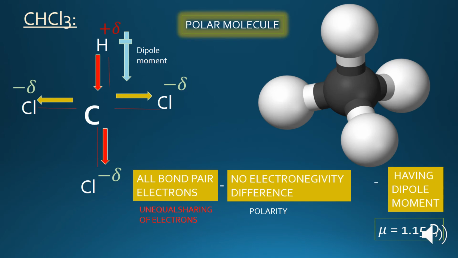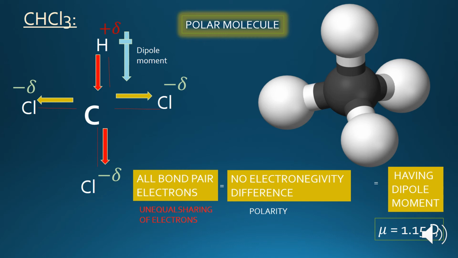Look here, the dipole moment of CHCl3 is in a downward direction. Hydrogen is less electronegative than chlorine, so the direction is from the less electronegative to the more electronegative atom. So CHCl3 has a dipole moment equal to 1.15 D, and hence the molecule is polar.